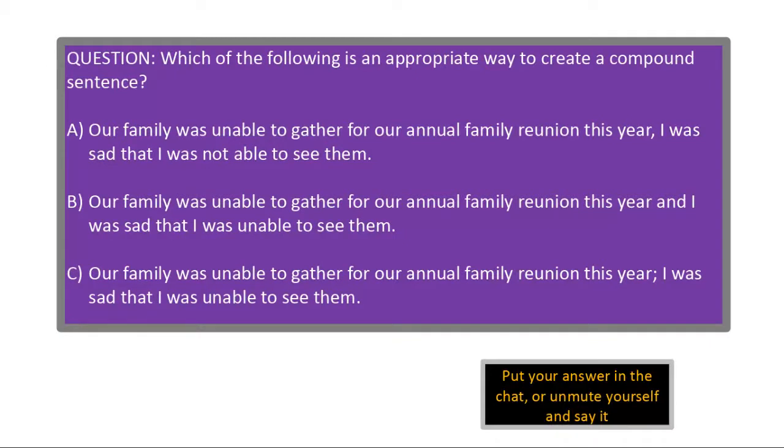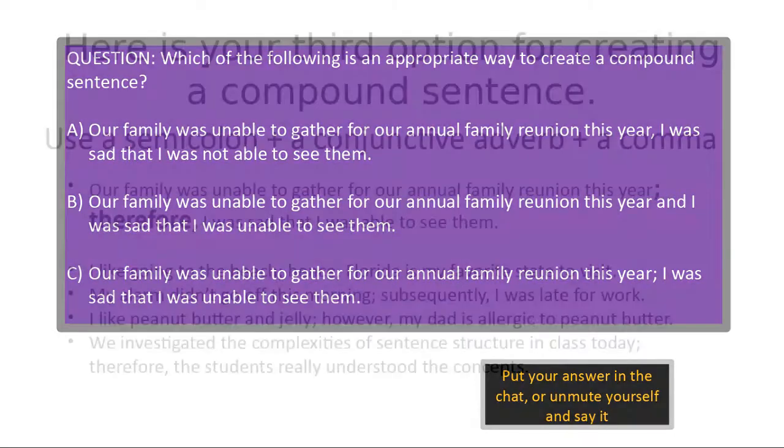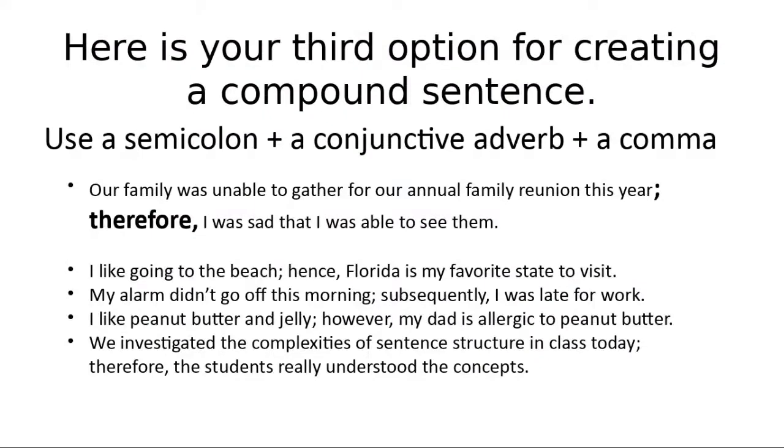So, for example, on the HiSET, they might have something like this underlined, and then they will say in your options, how would you correct the underlined portion? And it'll be up to you to find either choice A, B, C, or D, which adds a coordinating conjunction along with the comma.